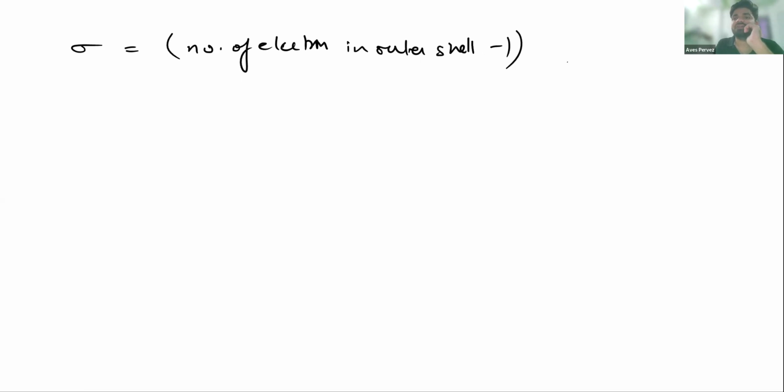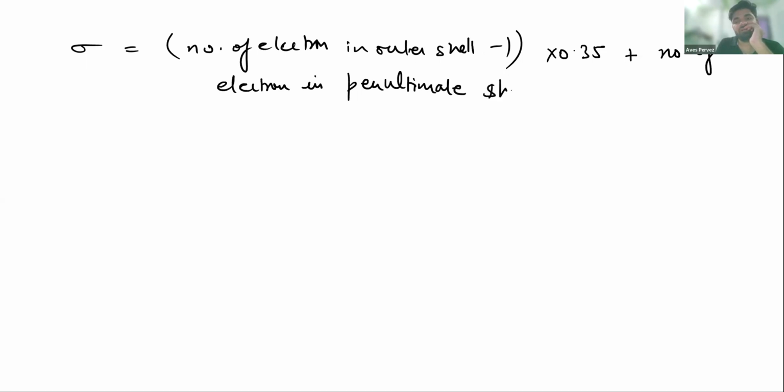In the outer shell minus 1 into 0.35, plus number of electrons in the penultimate shell into 0.85, and plus the rest of the electrons.